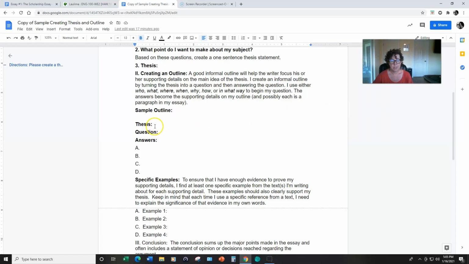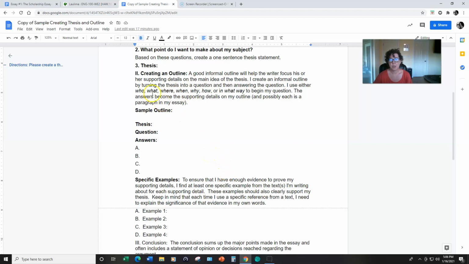So you have your thesis. The next thing you want to do is turn your thesis into a question. And when you do that, the answers to that question should develop into your major supporting ideas, which will be the supporting paragraphs of your essay.